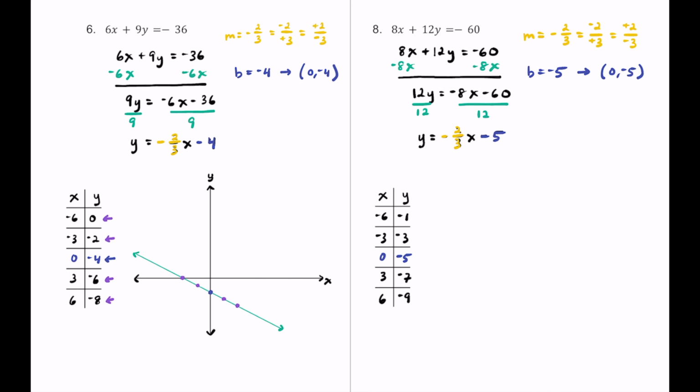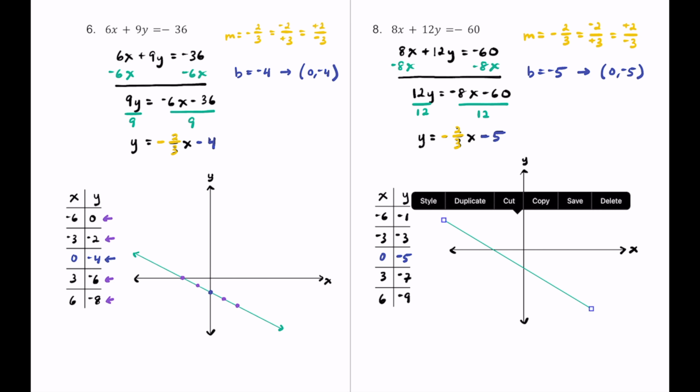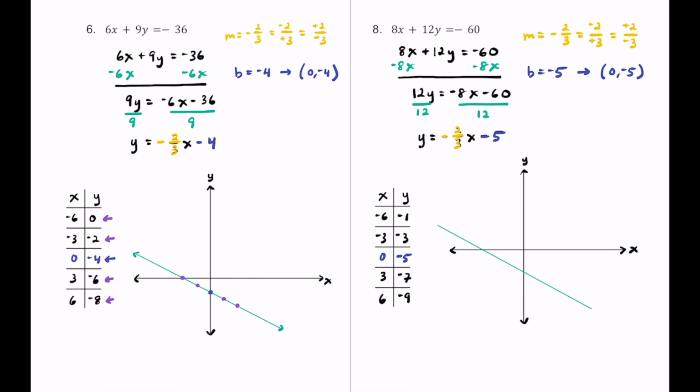Now that we have a table, let's sketch a quick graph. Here's our x-axis and here's our y-axis. Maybe our graph will look something along the lines of this. Maybe it could be a little bit more gradual, something along the lines of that maybe. Go ahead and throw some arrows on here. And then for the 0, -5, that should be right along the y-axis, so something right there is good. And then let's see what else we got here.